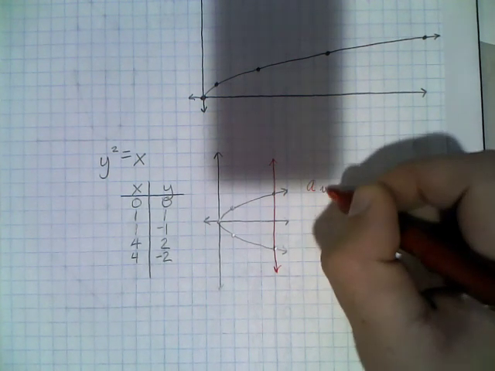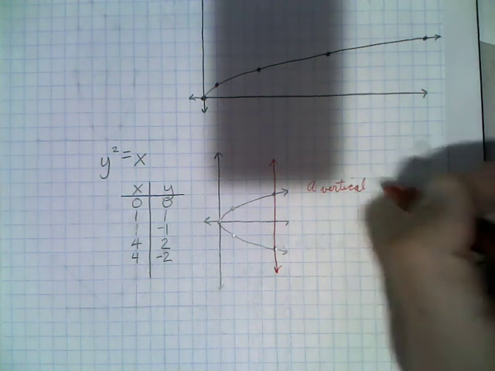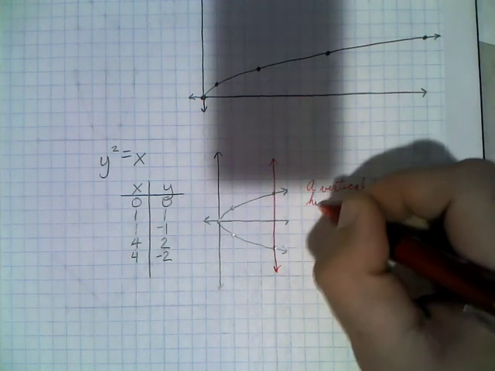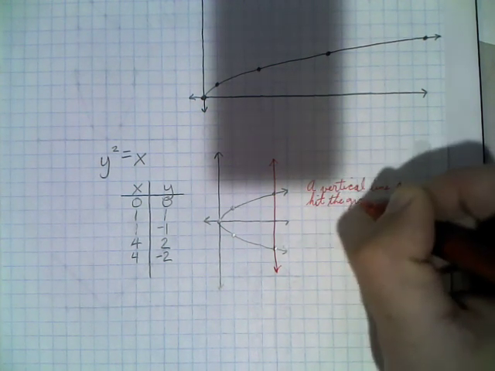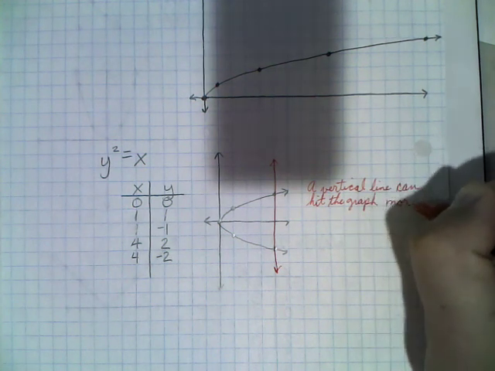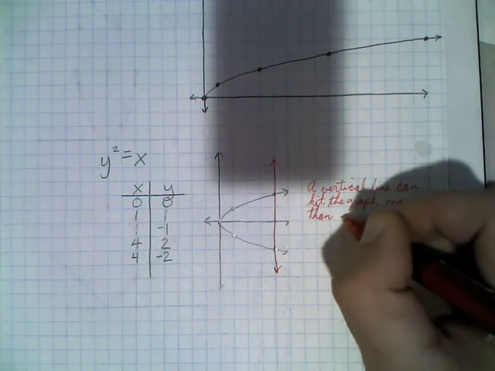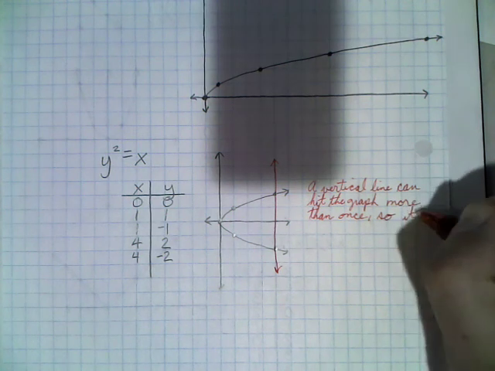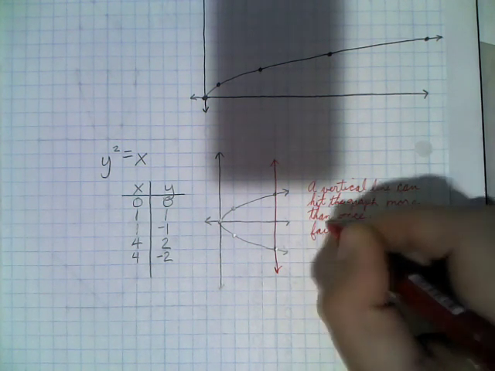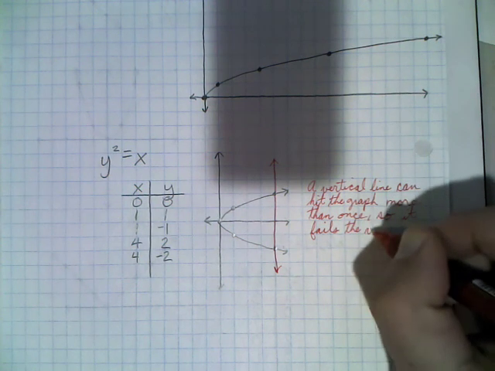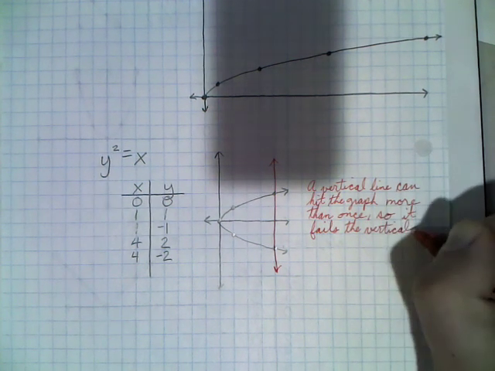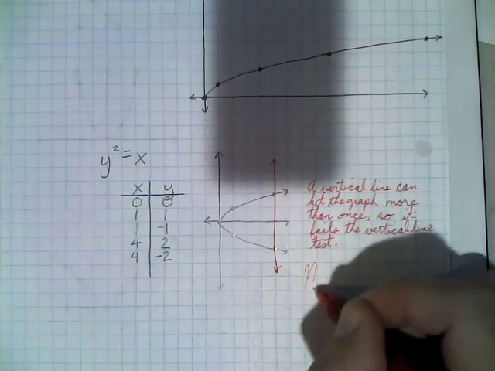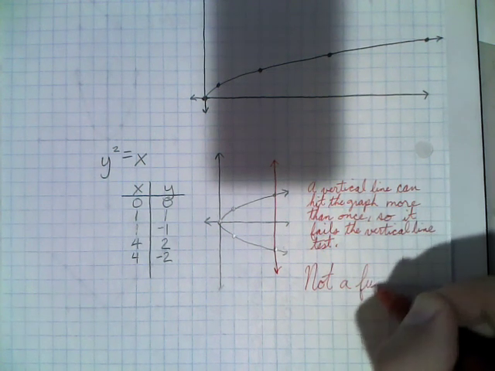So since a vertical line can hit the graph more than once, it fails the vertical line test. This is not a function.